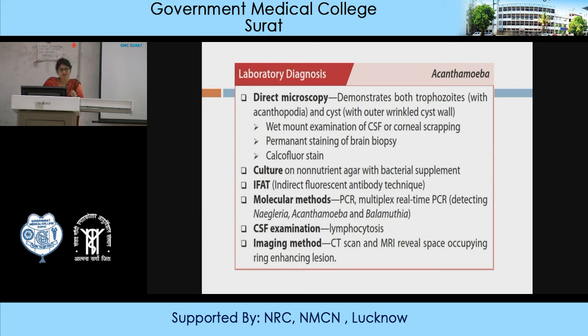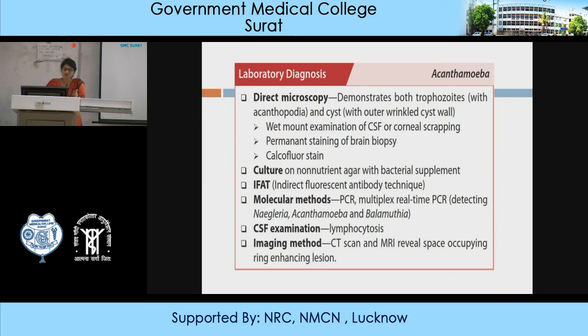For the CSF and corneal scraping, you put the sample on the slide, put the cover slip and seal it, to look for the two forms, trophozoite and cyst. You can do staining with Giemsa stain, and histopathological stains such as PAS stain and HE stain. Chalcofluor stain is used for brain tissue.